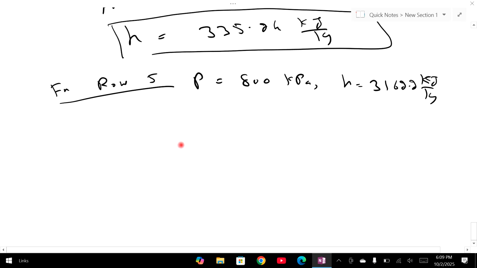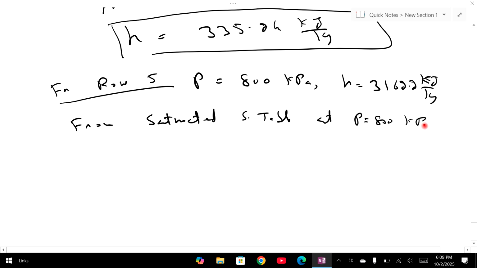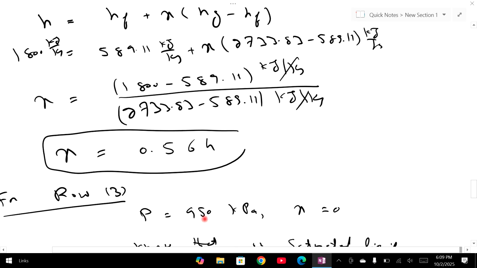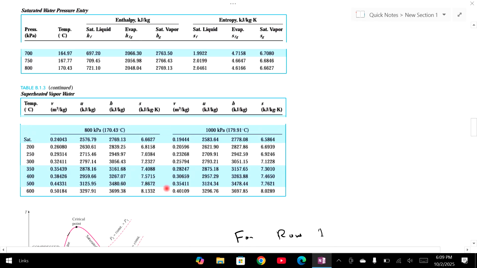So first we check whether it is in the subcooled region, the wet region, or the superheated region. So from the saturated steam table, at pressure equal to 800 kilopascal, find Hf and find Hg.